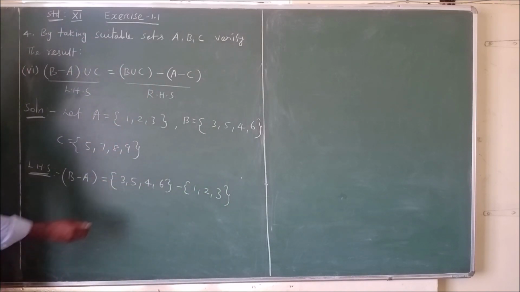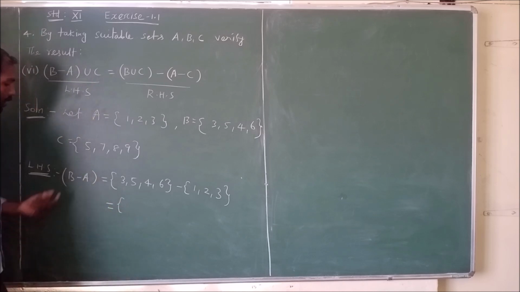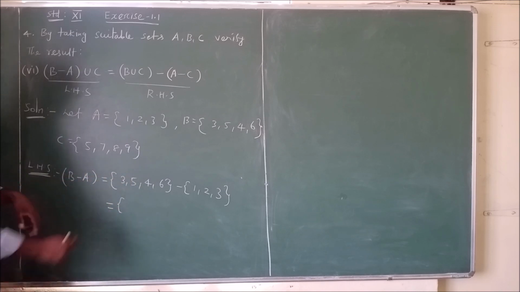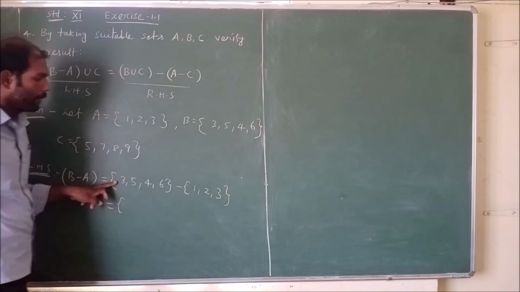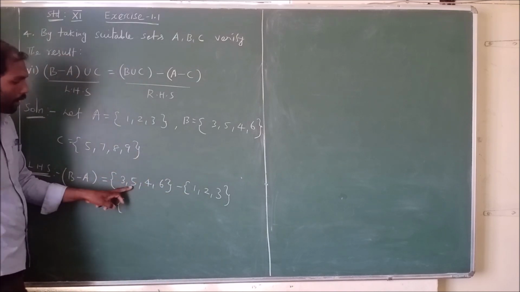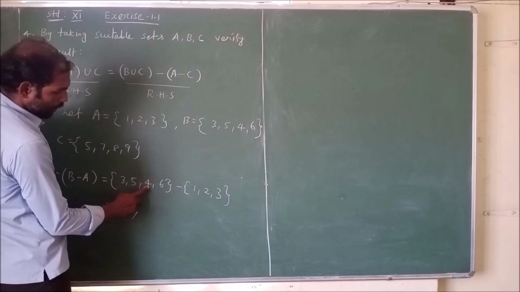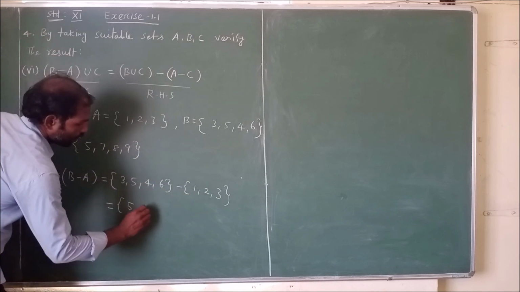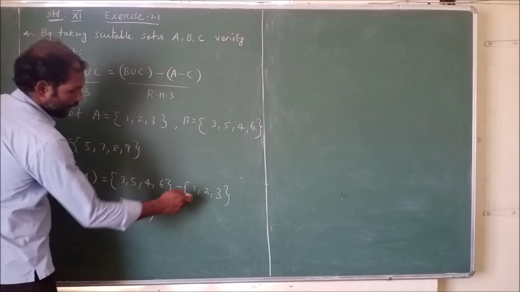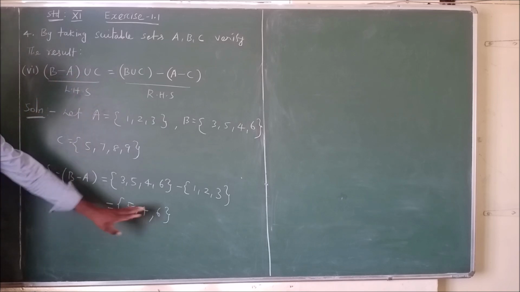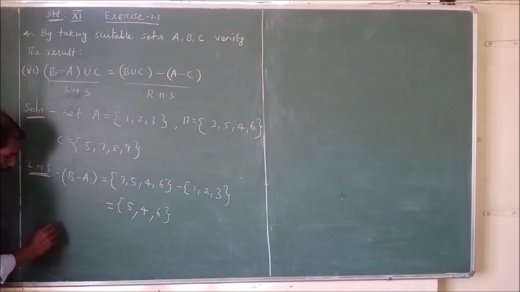B minus A is nothing but the elements that appear only in B, not in A. 3 appears in B and in A, so delete that 3. 5 appears only in B, so 5. 4 appears only in B, so 4. 6 appears only in B, so 6. So B minus A is {5, 4, 6}.